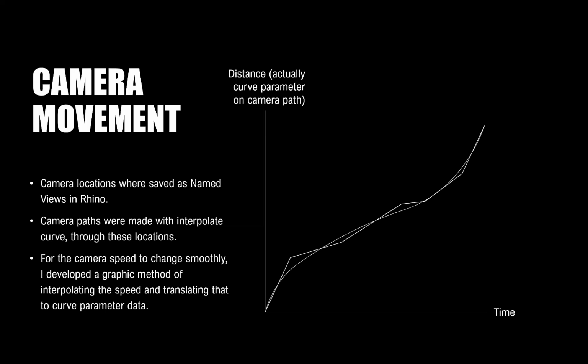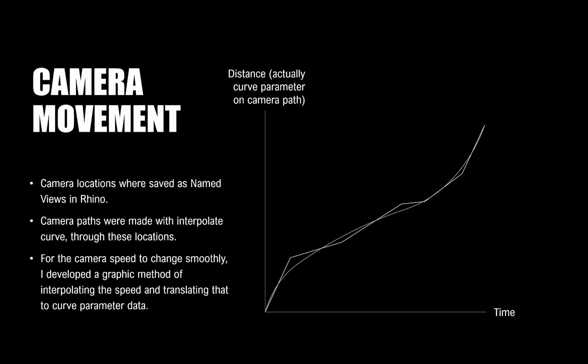But the tricky thing was actually the camera speed, because sometimes two camera positions were really close to each other, so it should move really slow, and sometimes they were really far, so it should move really quickly between them. And if you would just let it change, like the polyline you can see here with kinks, then you could see this speed change, and it didn't look good at all.